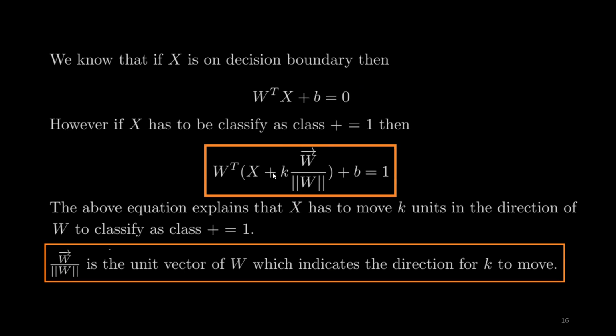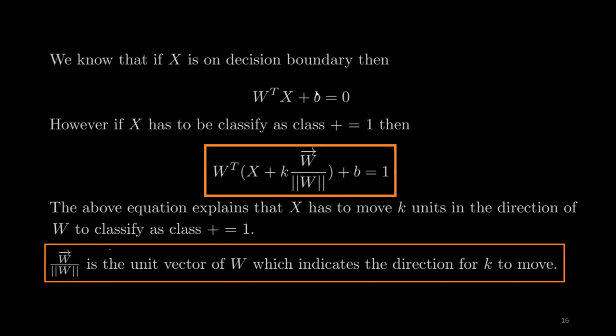So this is the units that data points have traveled, and this is the direction in which they move. The above equation explains that x has to move k units in the direction of w to be classified, and this ratio, a vector divided by its magnitude, is the unit vector of w, which indicates the direction for k to move.